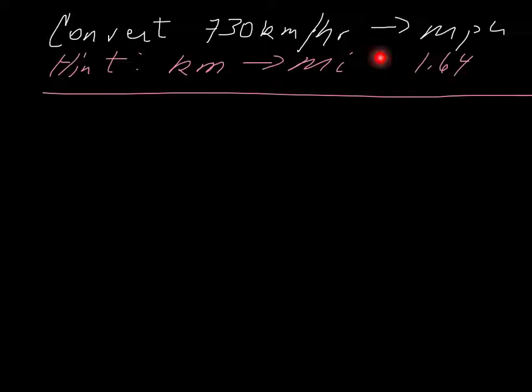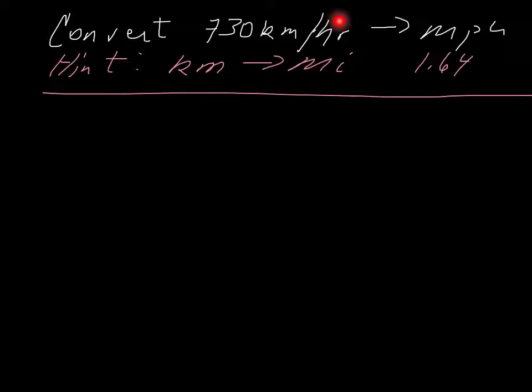So you have to multiply miles by 1.64 to get kilometers, or you divide kilometers by 1.64 to get miles. Okay? Is that 730 kilometers per hour? Yes.